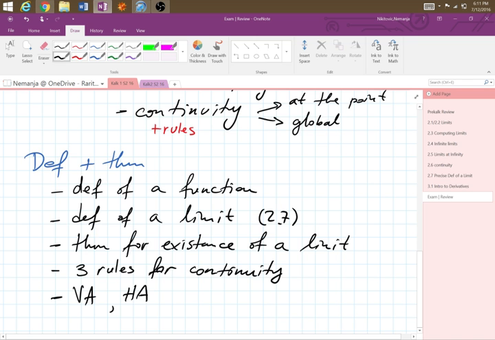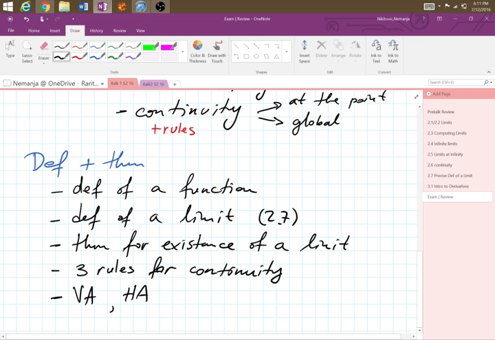If the limit as x goes to a of a function is either positive or negative infinity as you go from a minus to a plus, then we have vertical asymptotes. So those are the definitions for vertical and horizontal asymptotes. And I think that covers it all.